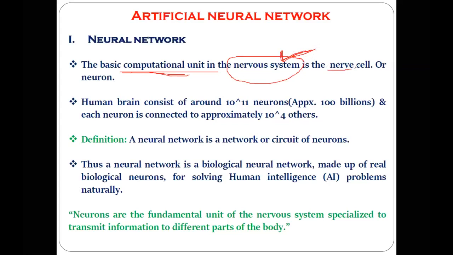Because it consists of various kinds of nerve cells, and these nerve cells are biologically referred to as neurons. Most of you have heard this word neurons, yes or no? Yes, sir. The different kinds of computational activity performed in the human brain, in the human nervous system, are performed with these nerve cells, referred to as neurons. You should keep in mind, first we are going to understand the biological neural network. Okay, you are getting?